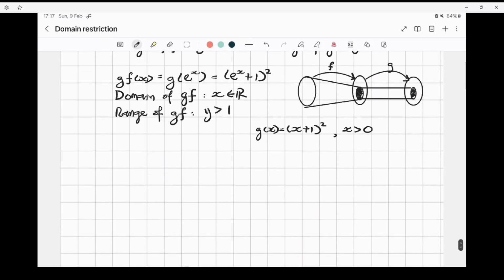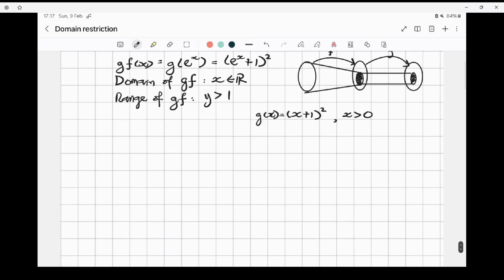So let's look at, in this case, f of g. This will be f of x plus 1 squared, and when you composite the function, it becomes e to the power of x plus 1 squared.